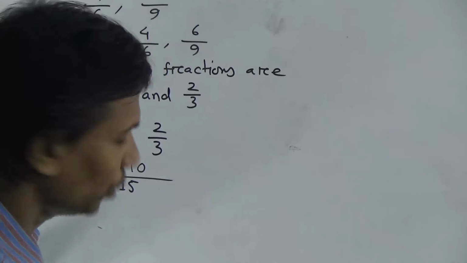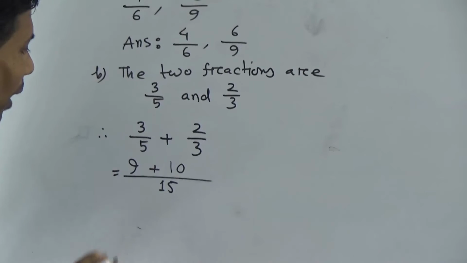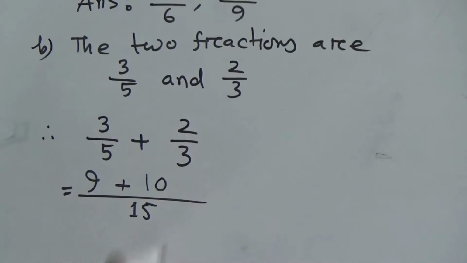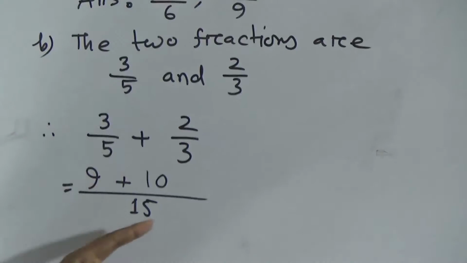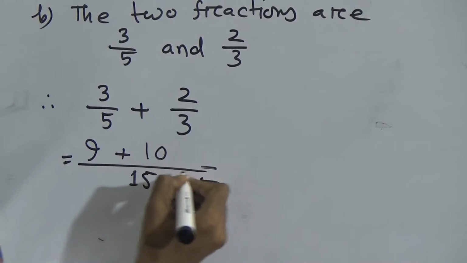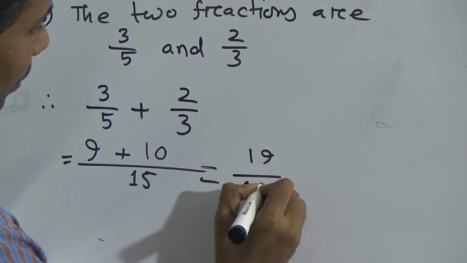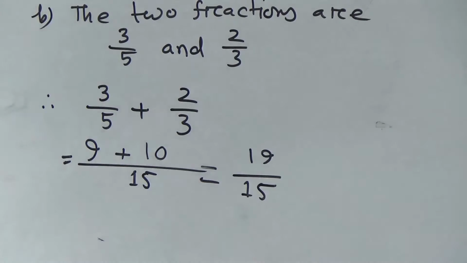You divide 15 by 3, then you get 5, then multiply 5 to 2, that means 5 into 2 equal to 10. Now adding the result, 9 plus 10 equal to what? 19 by 15.